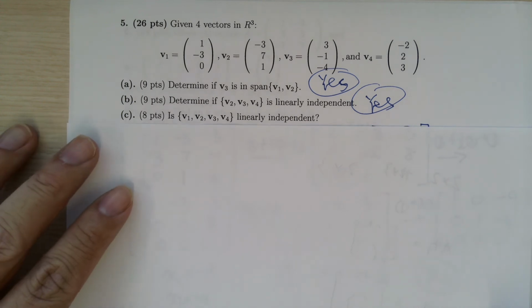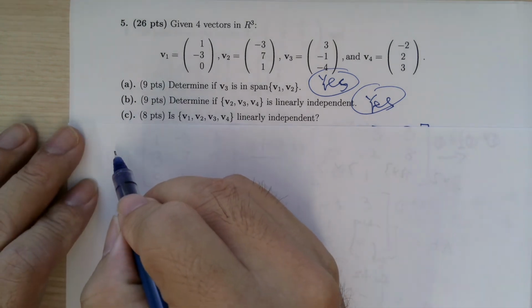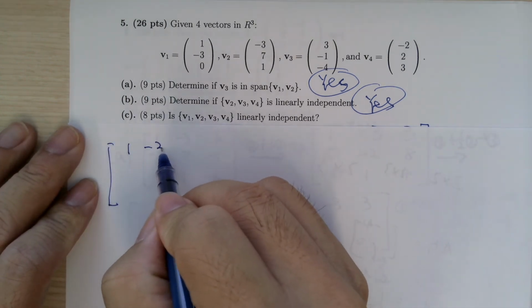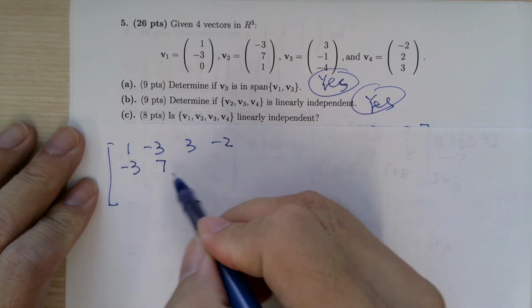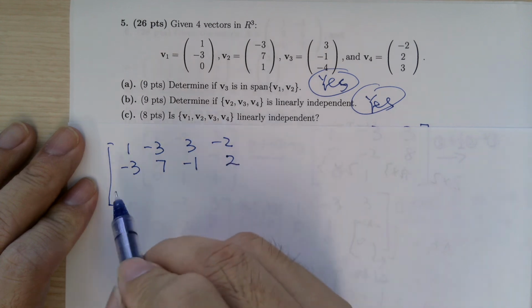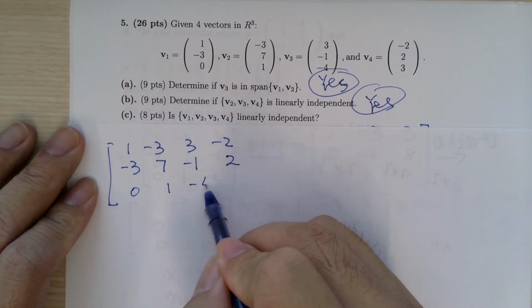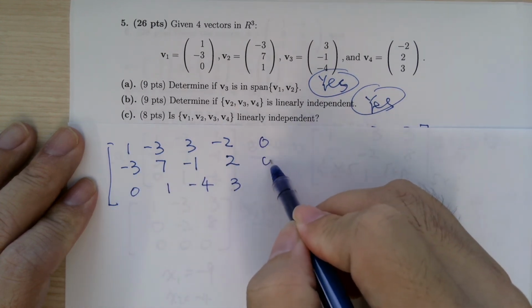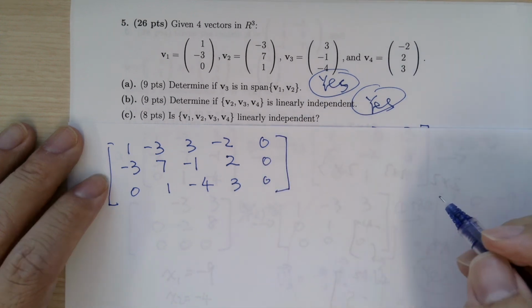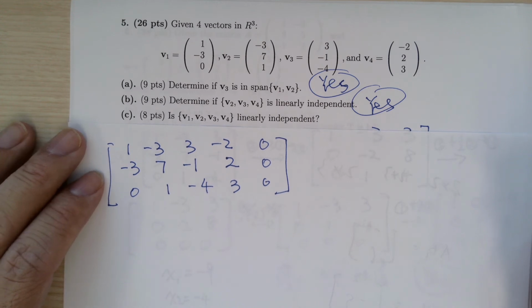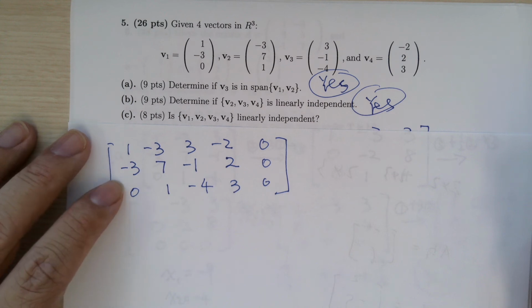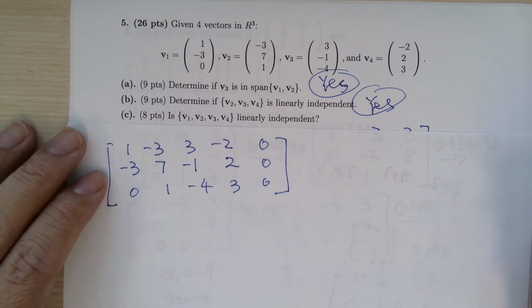This is equivalent to asking us to take the matrix 1, 3, negative 3, 3, negative 2, negative 3, 7, negative 1, 2, 0, 1, negative 4, 3, 0, 0, 0, and ask whether this is linearly independent or not.